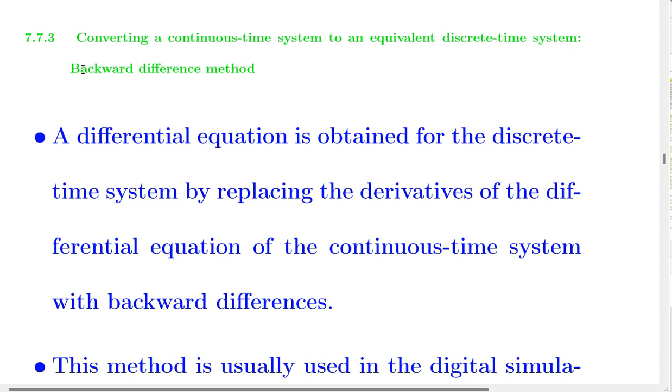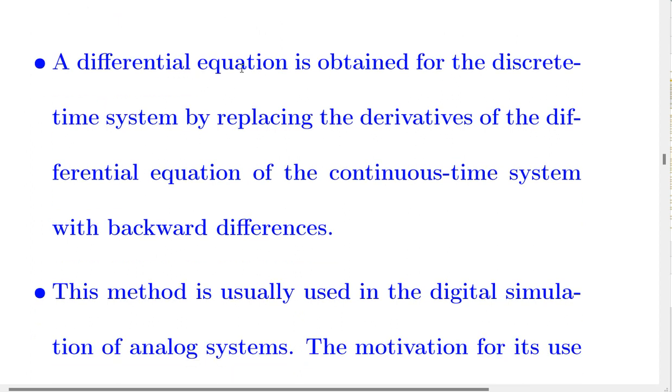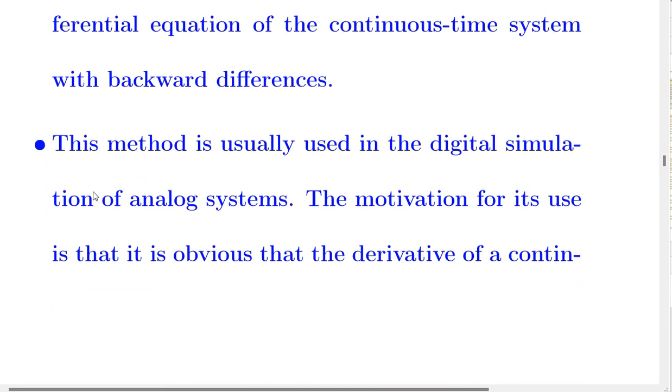Now, the backward difference method. What does it mean? A differential equation is obtained for the discrete time system by replacing the derivatives of the differential equation of the continuous time system with backward differences.